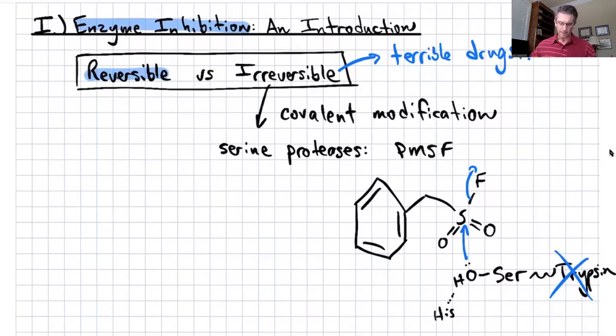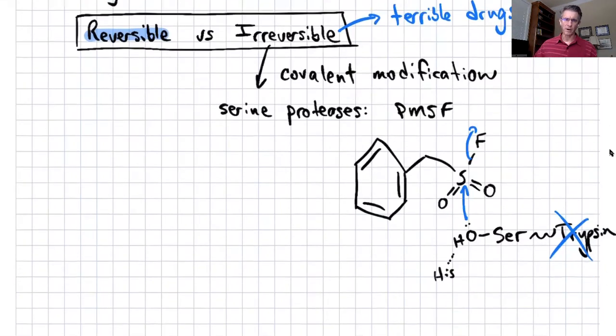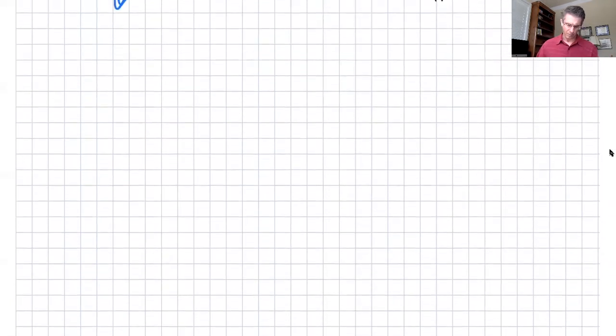All right, so it's just important to be aware of the existence of these irreversible inhibitors. But what we're really going to be talking about again is this class of molecules, the so-called reversible inhibitors. This is where we're going to be focused.